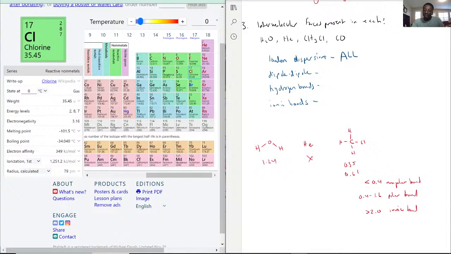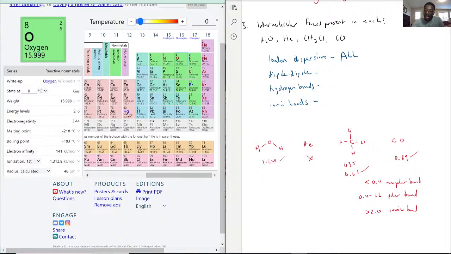So this one checks out, and now carbon monoxide: oxygen has 3.44 minus 2.55, we have 0.89. I forget how carbon monoxide will bond, but the difference we know is 0.89, which checks out.